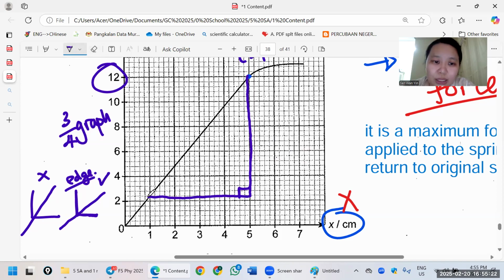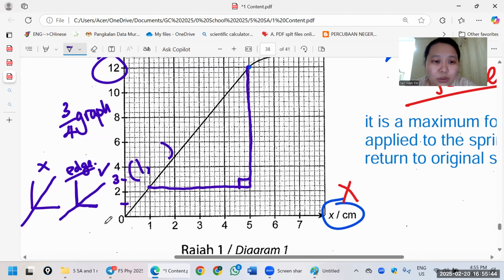Okay, then now let's make the coordinate. This is 3. So I will count in this way.